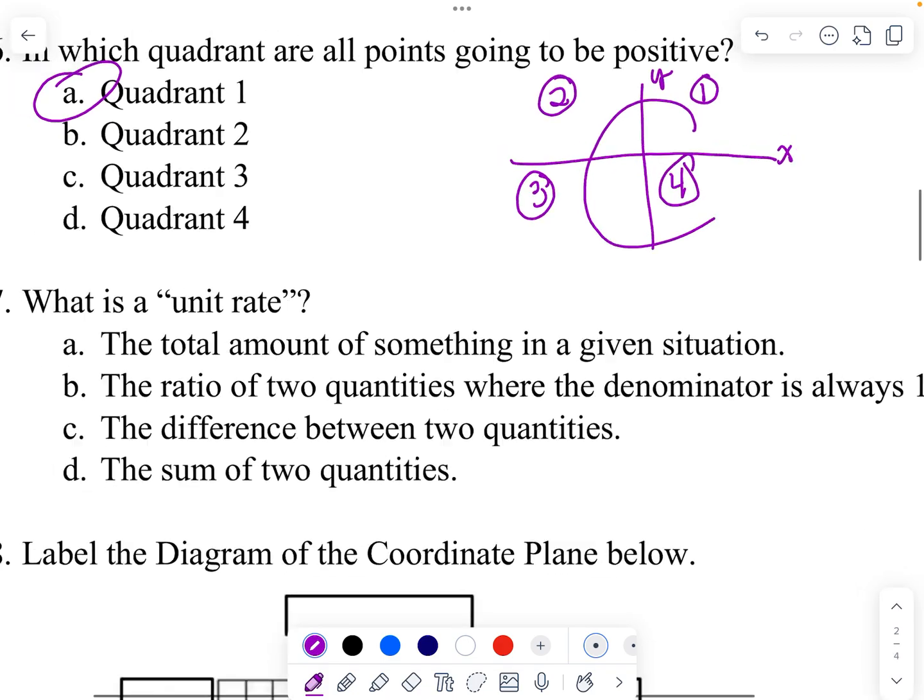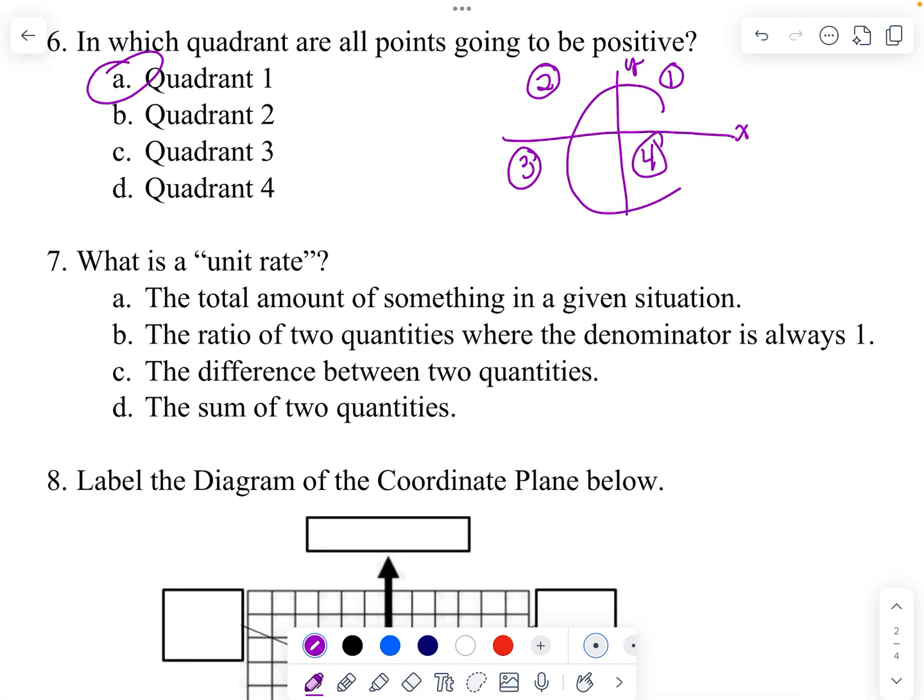Number 7, what is a unit rate? So this is what we just did in our last topic. It says the total amount of something in a given situation, the ratio of 2 quantities where the denominator is always 1, the difference between 2 quantities, or the sum of 2 quantities. So the difference means subtraction, which means we're subtracting 2 things, but that is not a unit rate.